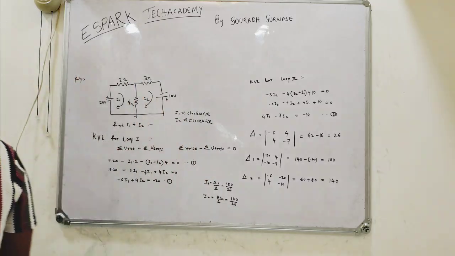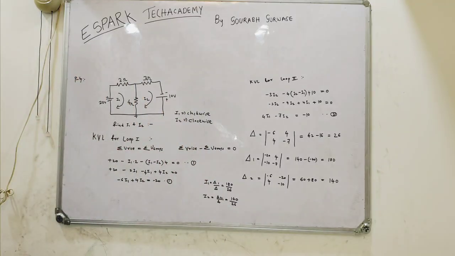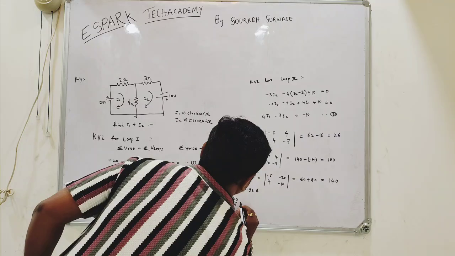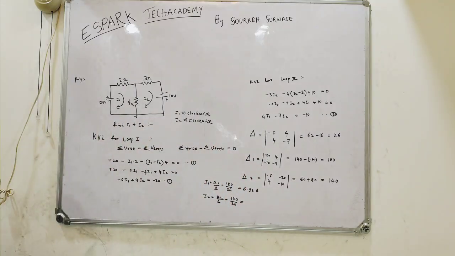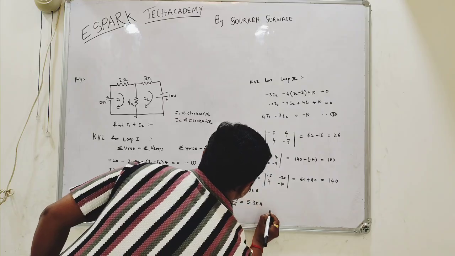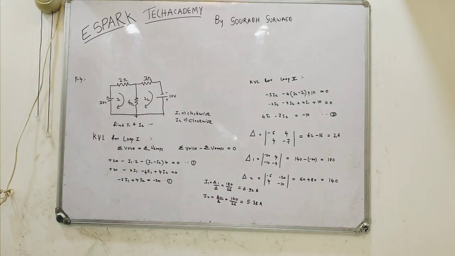Now just calculate these values, you will get the answer. 180 divided by 26 is nothing but 6.92 amps, and if you calculate the other, you will get 5.38 amps. Just look very carefully.